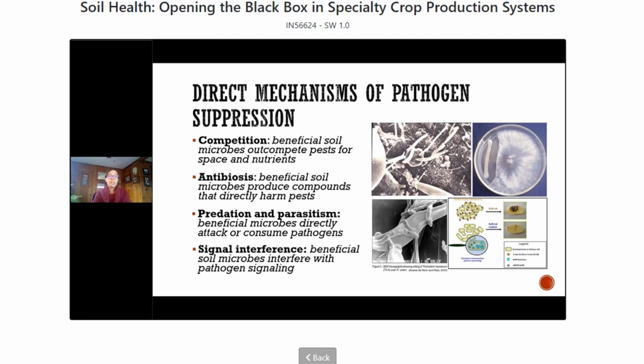So you can also have predation and parasitism, where the beneficial microbe actually preys on and destroys a pathogen, like in the bottom left-hand corner, where there's a good fungal organism kind of coiling around a bad one and piercing it and negatively affecting it. And lastly, signal interference, where the beneficial microbe just interferes with the signaling processes of the pathogen in the plant.